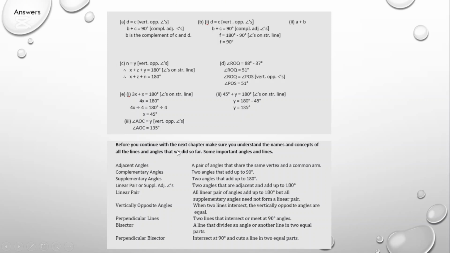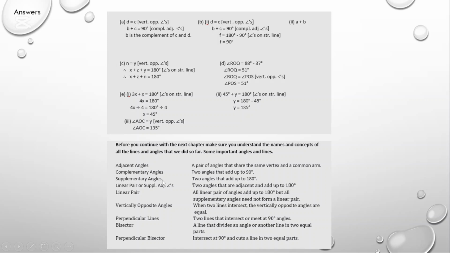Before you continue with the next chapter, make sure you understand the names and concepts of all the lines and angles that we did so far. Some important angles and lines: adjacent angles are a pair of angles that share the same vertex and common arm. Complementary angles add up to 90 degrees.